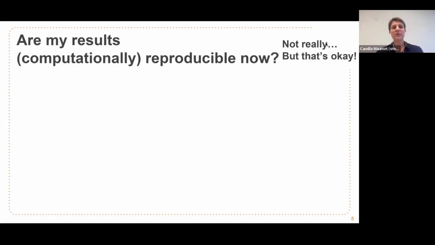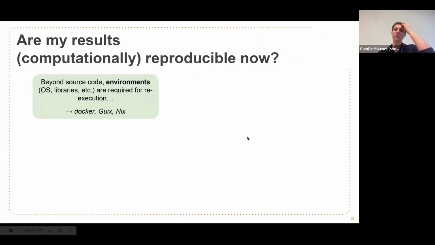So why are the results not computationally reproducible yet? First, because beyond the source code you've been sharing, there is an environment, so I've touched upon that in the previous slides, including operating system libraries that are required for re-execution.